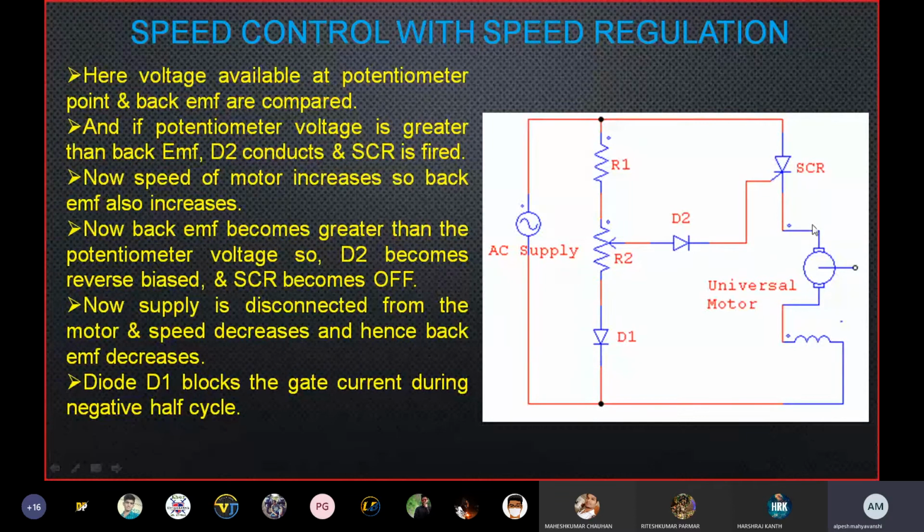The back EMF of this universal motor and the voltage available at the potentiometer terminal, these two voltages are compared.